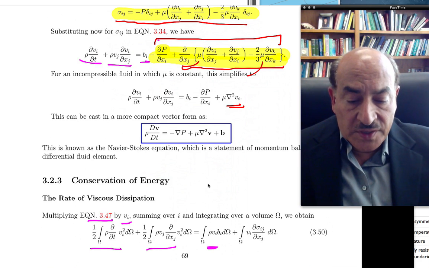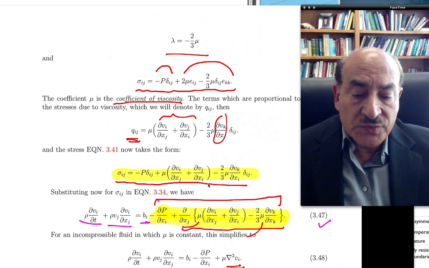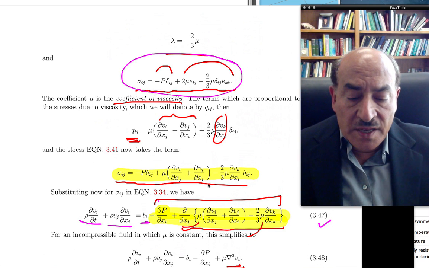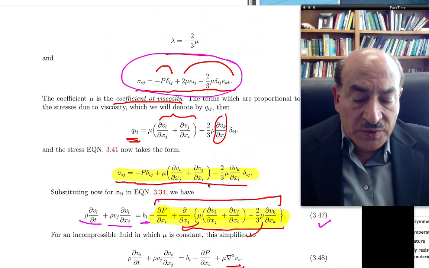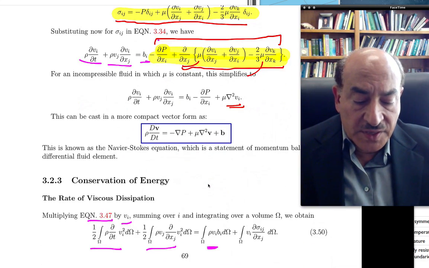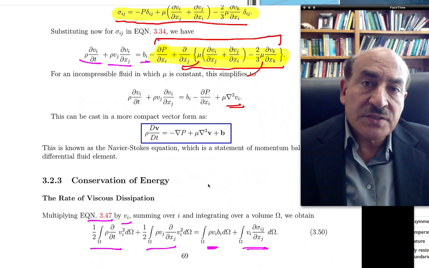This equation 344 gives us the divergence of the stress tensor, and when we obtain it, we can write it down here in equation 350, in the last term.